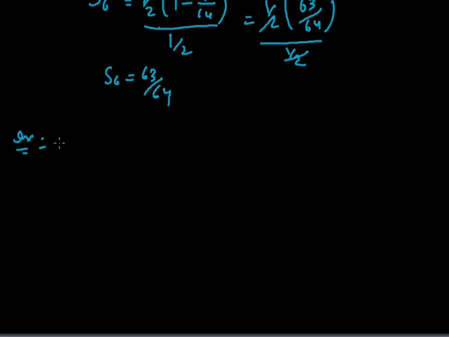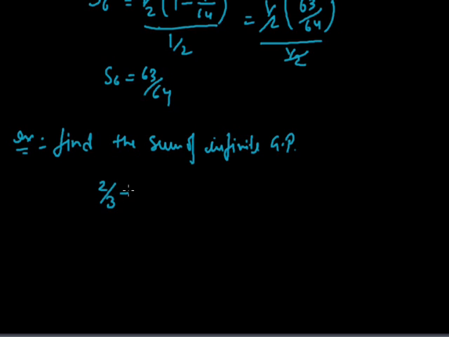Next, find the sum of the infinite GP. Given 2 by 3 minus 4 by 9 plus 8 by 27 minus 16 by 81 and so on.